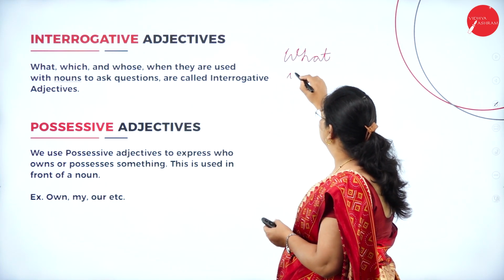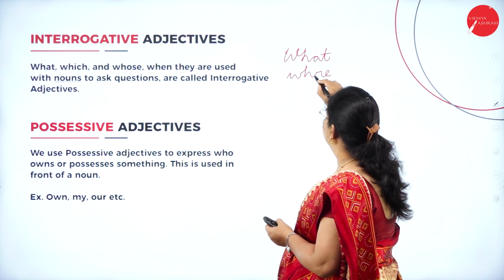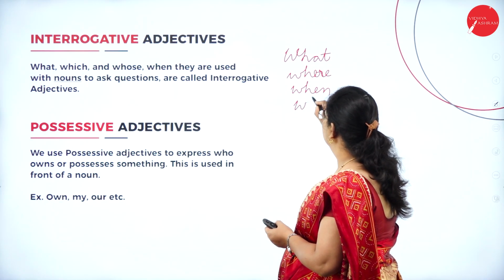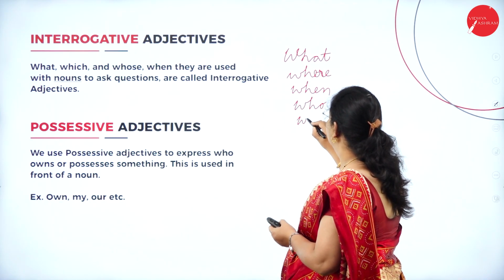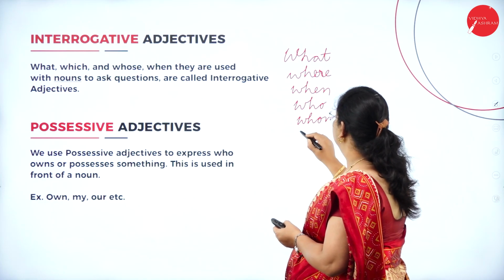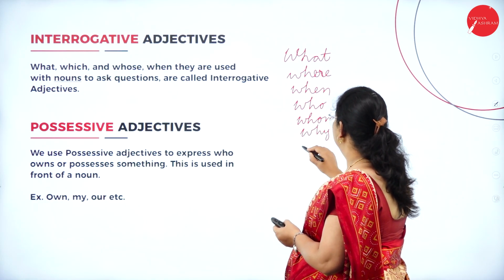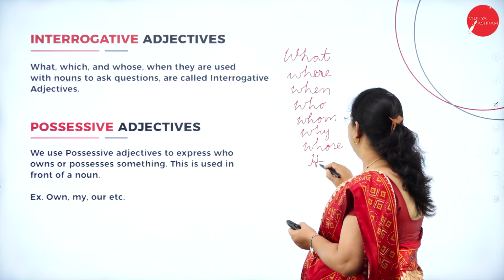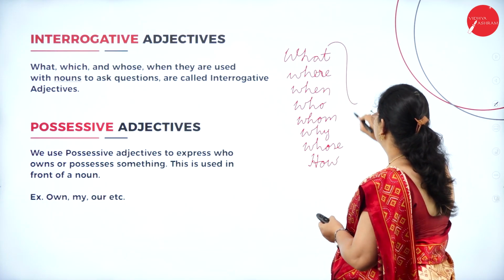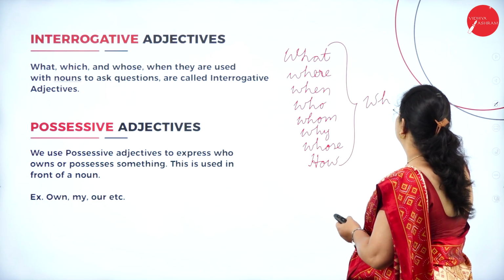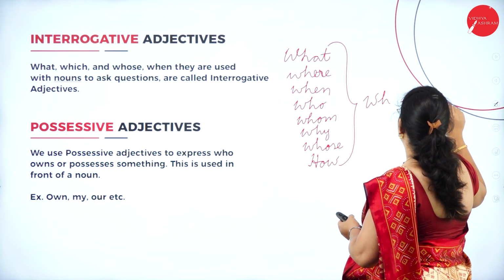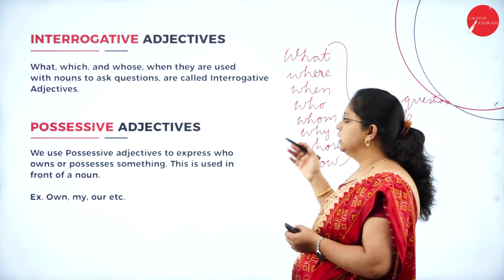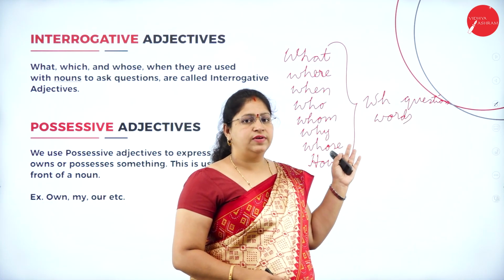What, where, when, who, whom, why, whose, and how. All these are called WH question words. Okay. These are called the WH question words.